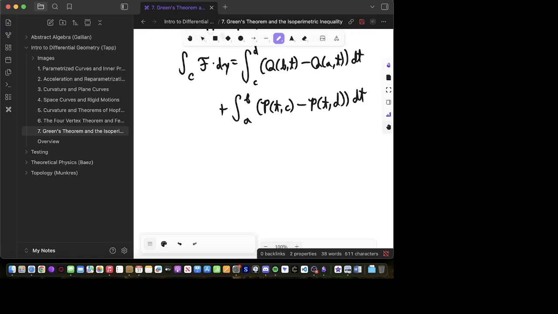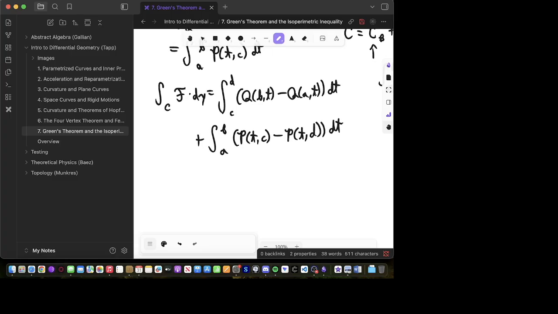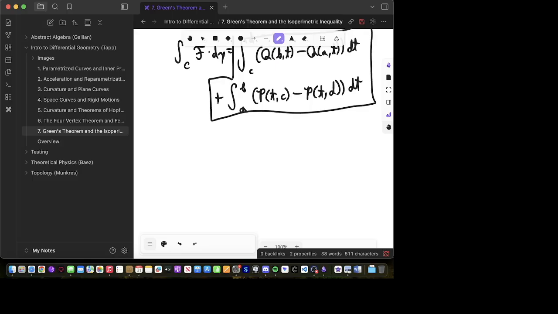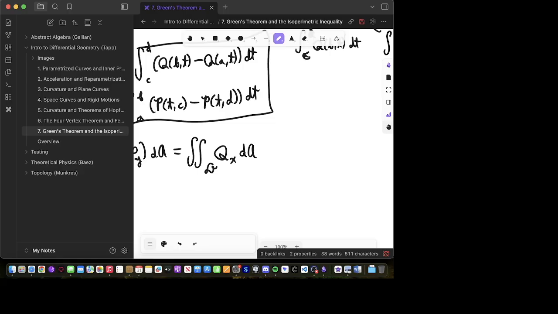Meanwhile, so keep this in mind. Meanwhile, if we take the double integral of Qx minus Py dA, we can split this up just like we would for a single integral, except there's two of them.